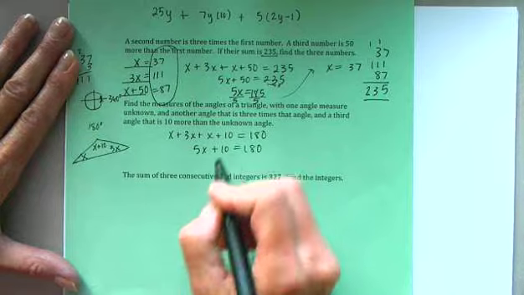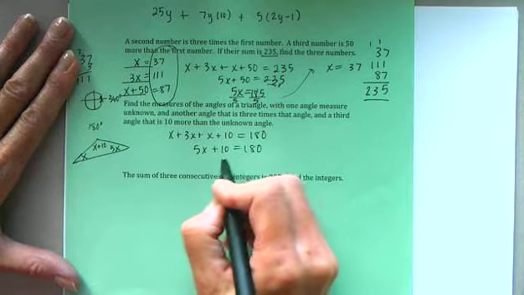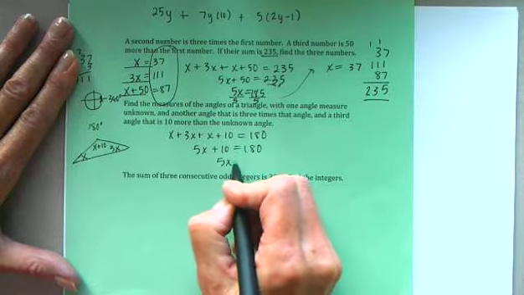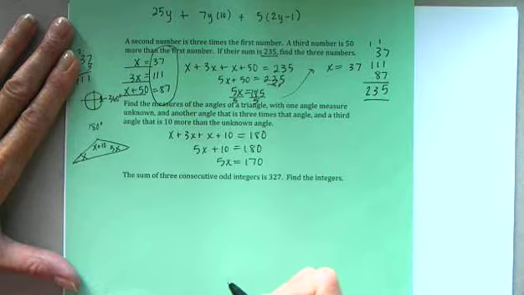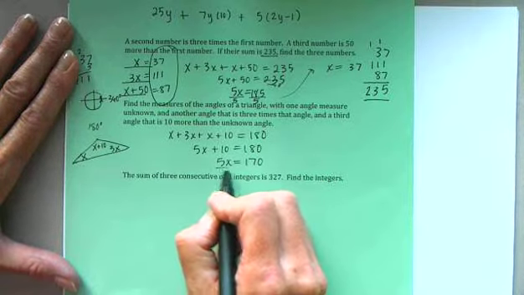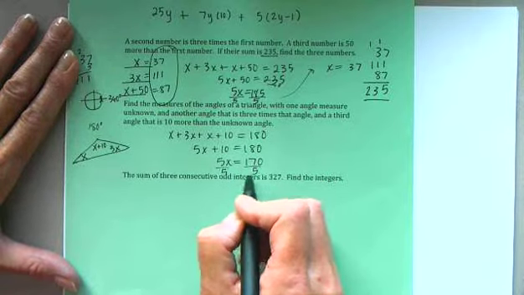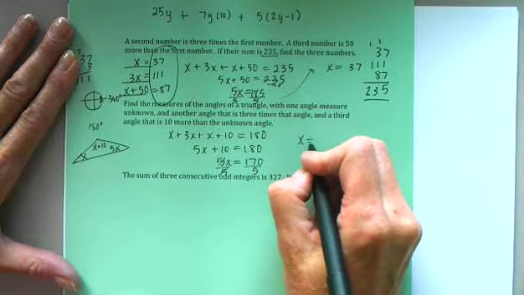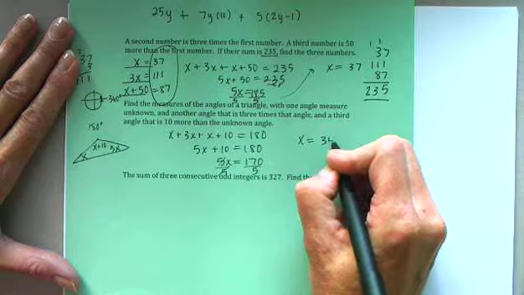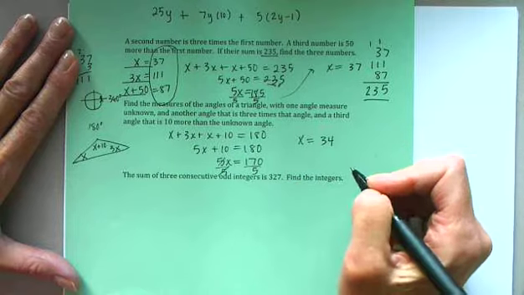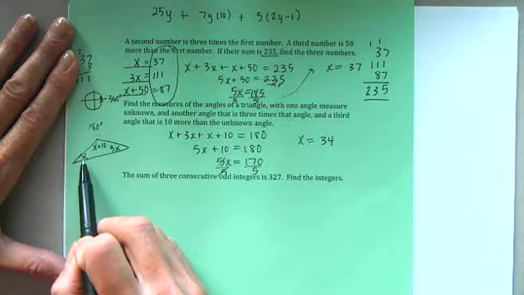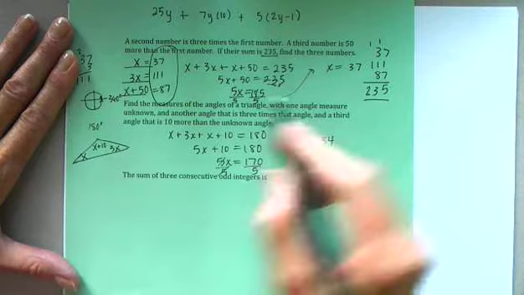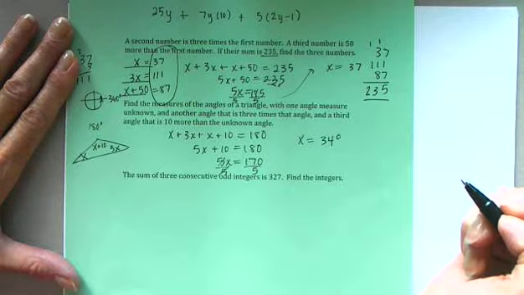And then we'll subtract 10 from both sides of our equal sign. So I now have 5x equals 170. And then I'm going to divide both sides by 5. So 5 divided by 5 is 1. And I get x equals 34, right? And 34 what? How should I label that? 34 degrees is the angles of a triangle.